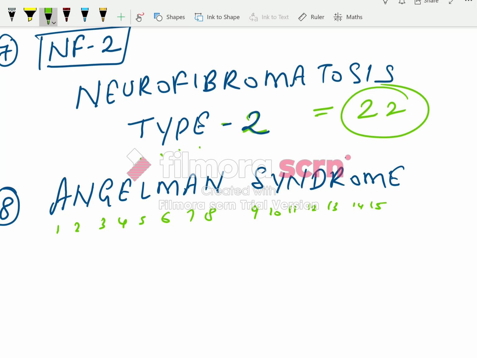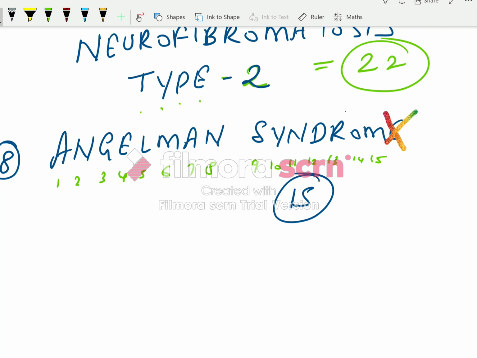So it is getting 16, so I'm omitting this E out. Angelman syndrome will be a defect at chromosome 15.